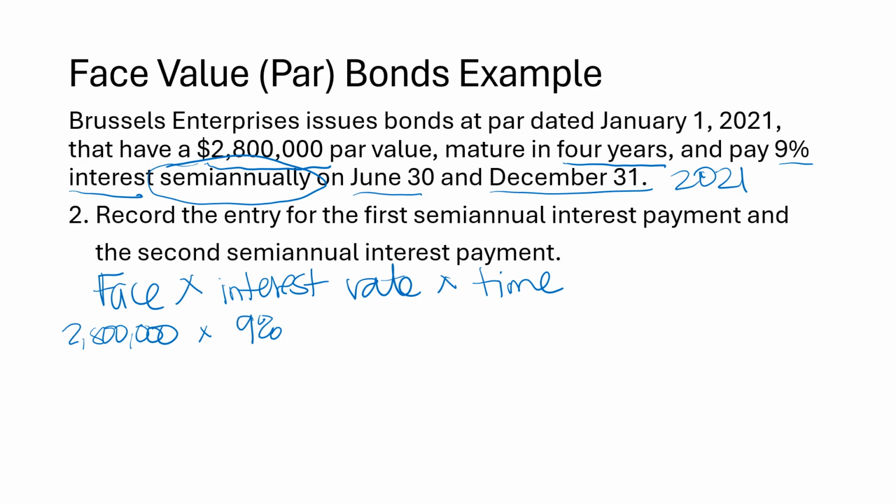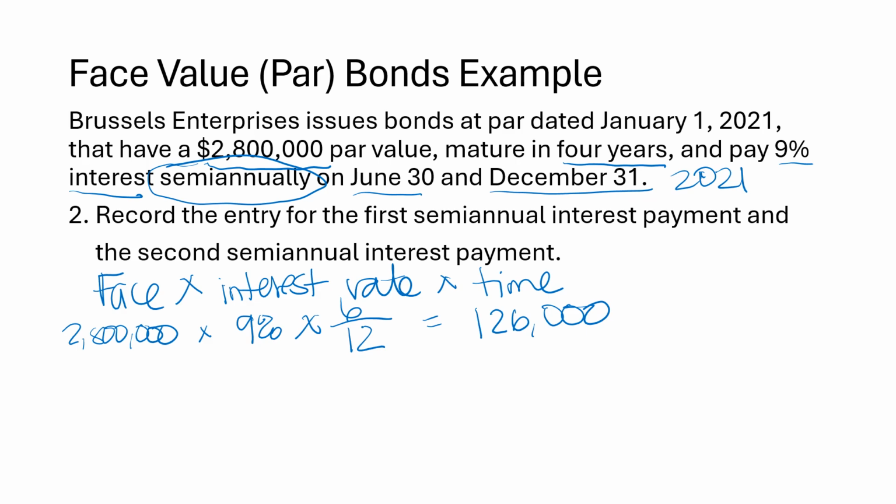That is not the rate for every 6 months or semi-annually, like when the interest is paid. So we have to prorate that for only half of the year, or only 6 months out of the year. So we multiply that by 6/12. When we do that calculation, it comes out to 126,000. So that is the amount of interest that will be paid out every 6 months in this example.